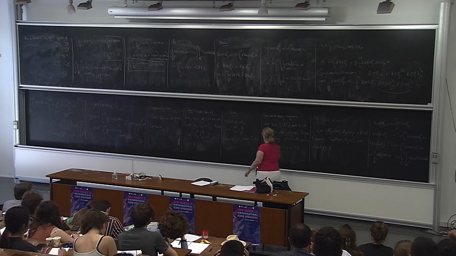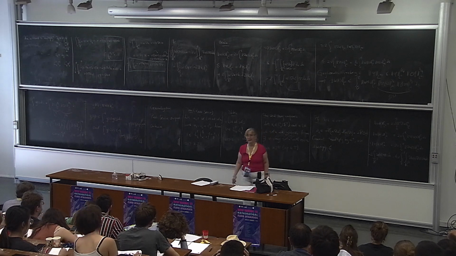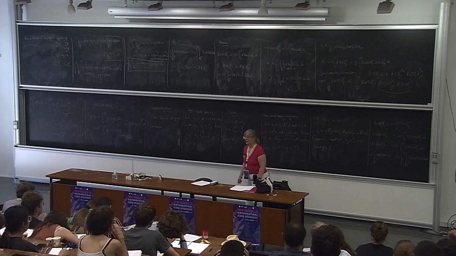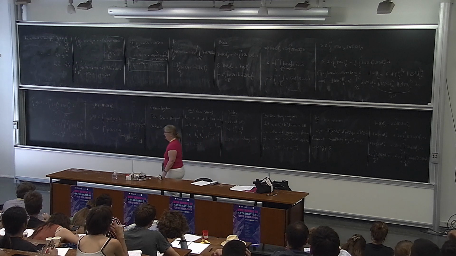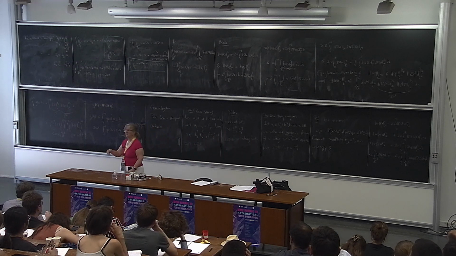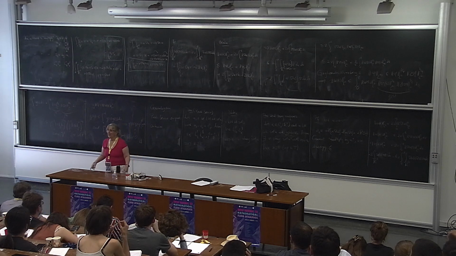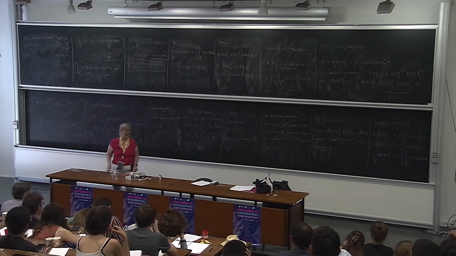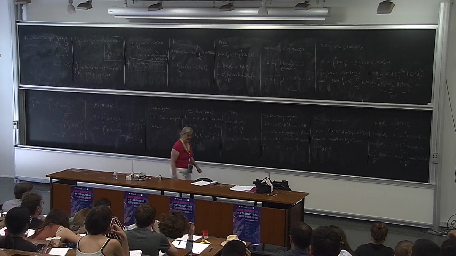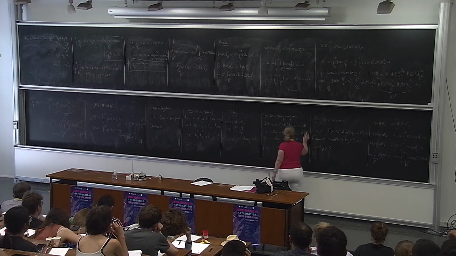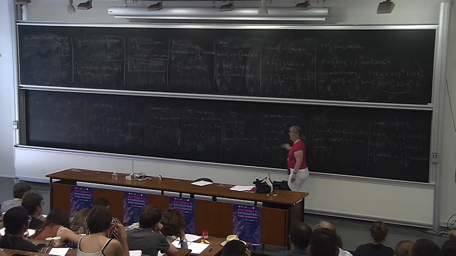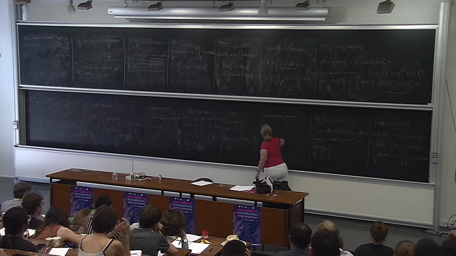How do you show this? You use the vorticity equation. Okay? So what I need to show is that the H1 norm is bounded and that it's L2, H2. How do you show the H1 norm is bounded? You look at the vorticity equation and you multiply by omega and show that the L2 norm does not blow up.